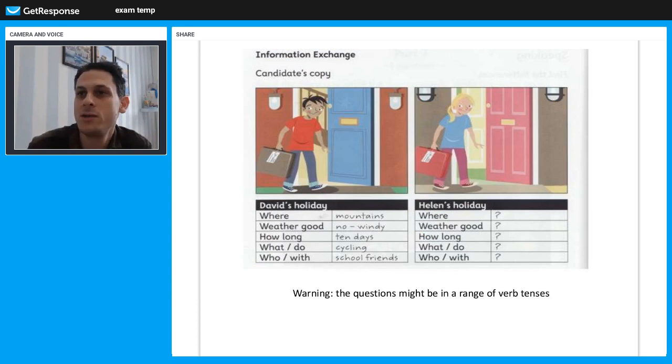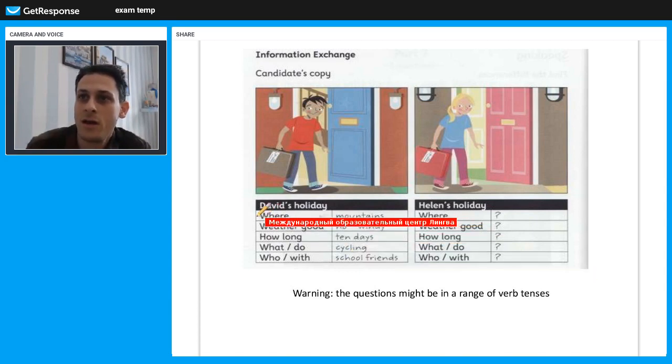But I want to remind you that the questions can be present tense, past tense, future tense. If you use the wrong verb tense, you actually lose a lot of points, because you lose the points for grammar, but you also lose points for understanding. You didn't actually understand the situation. Okay?